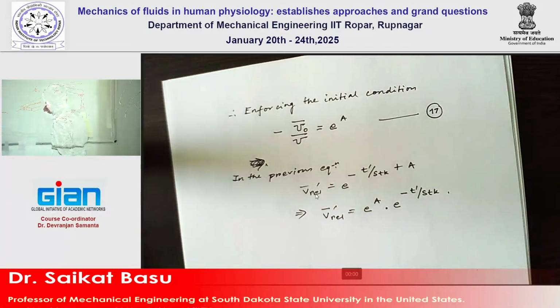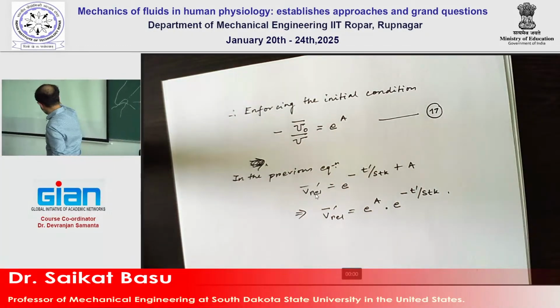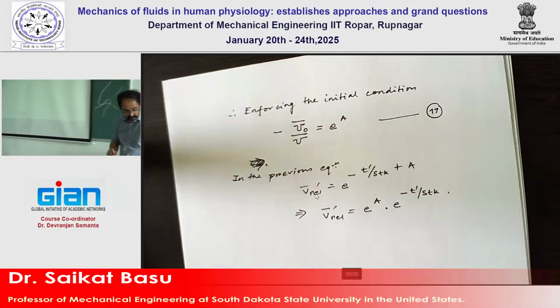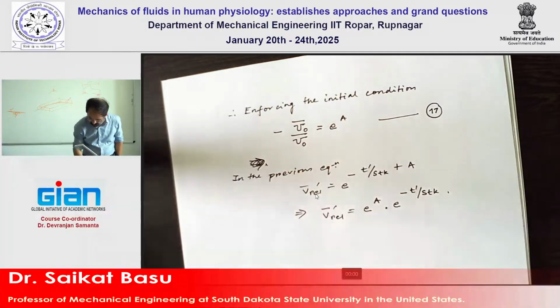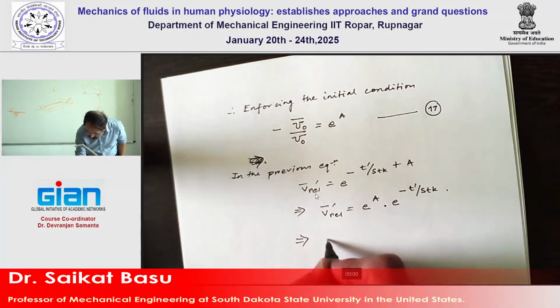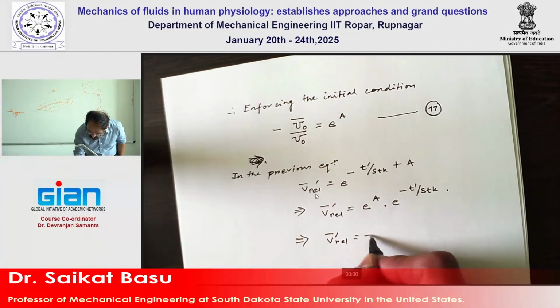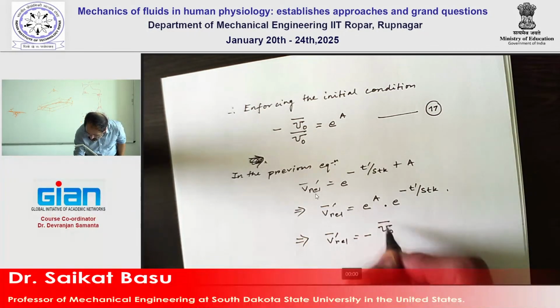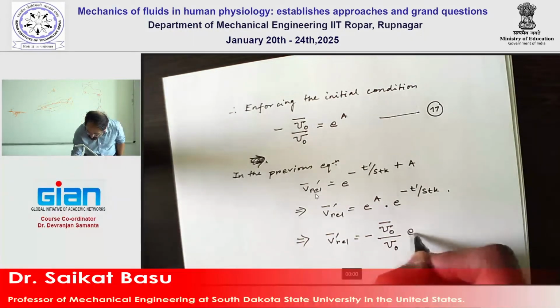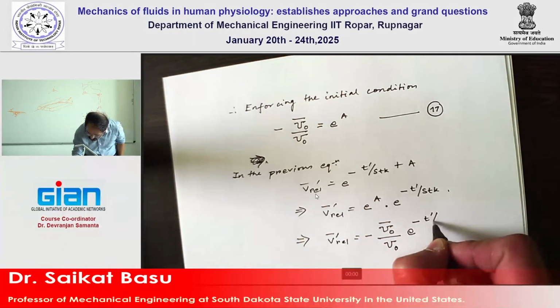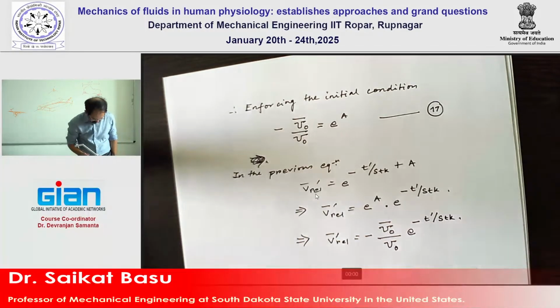We are trying to figure out the constant of integration, and we now know that the related term is coming from equation 17. So let's plug that in. Sorry, I missed this 0 over here. So let's plug that in. V bar prime relative is minus u bar divided by u times e to the power of minus t prime over Stk.